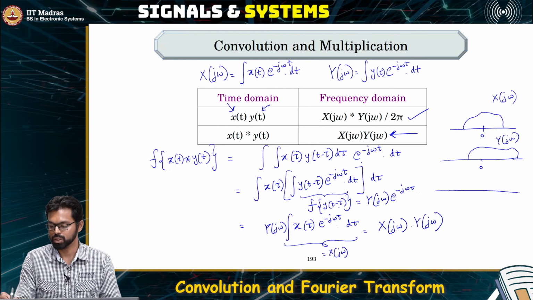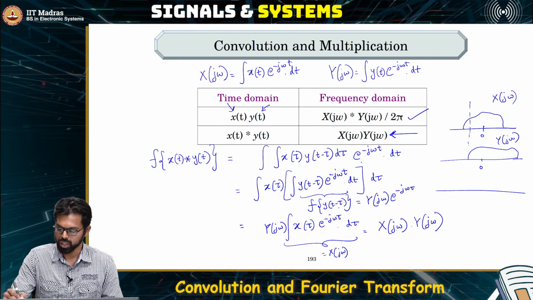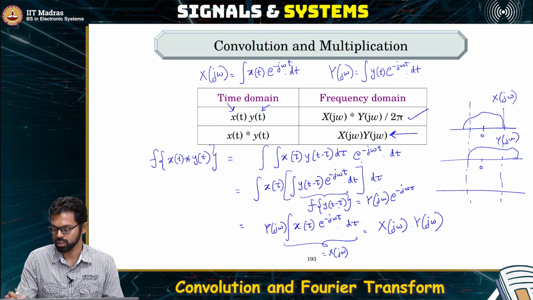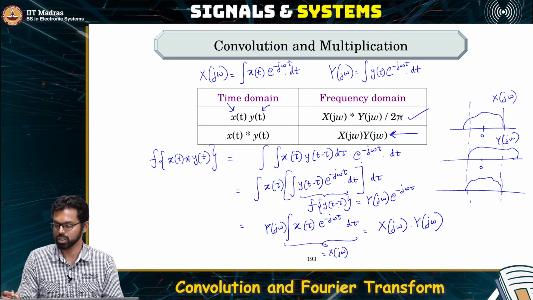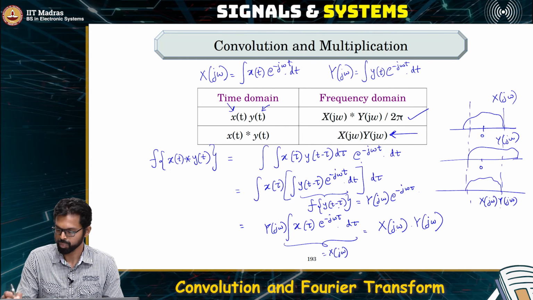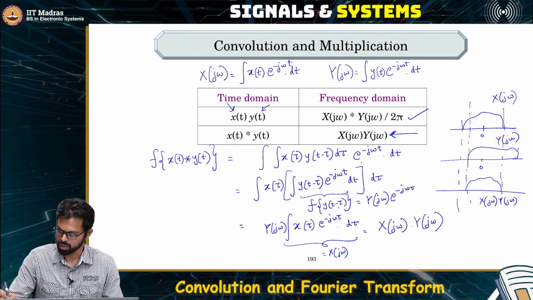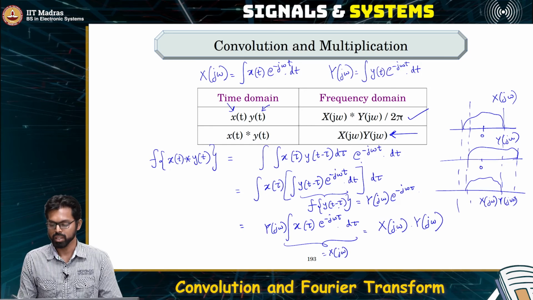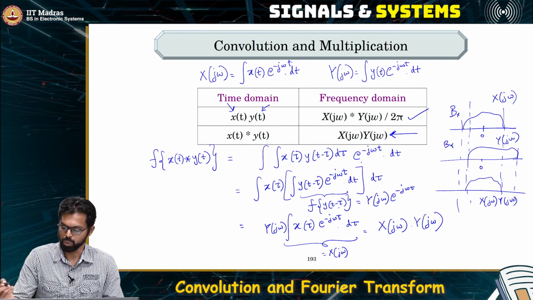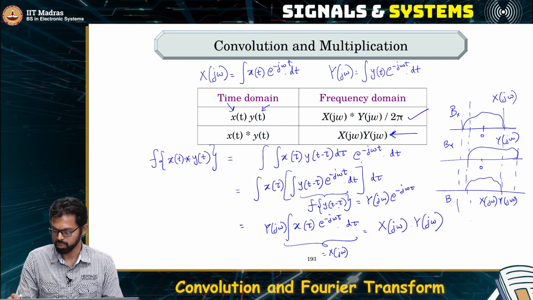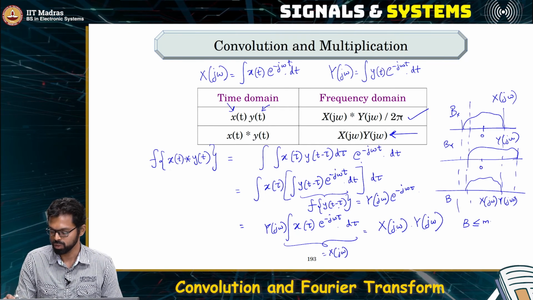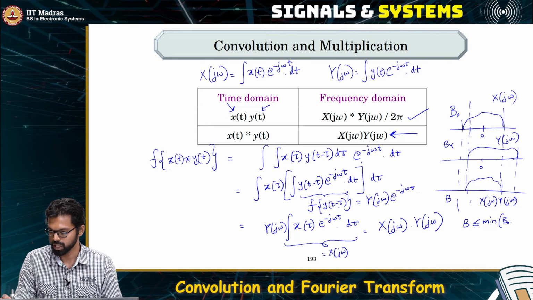So when you multiply these two, clearly only when both are non-zero, only in those locations, you will get a non-zero value. In all other locations it will be 0, right? So if x had a bandwidth bx and y had a bandwidth by, and the product's bandwidth is b, then b has to be less than or equal to the minimum of bx and by.